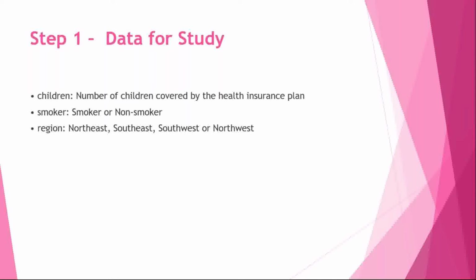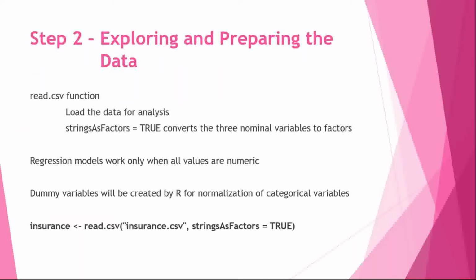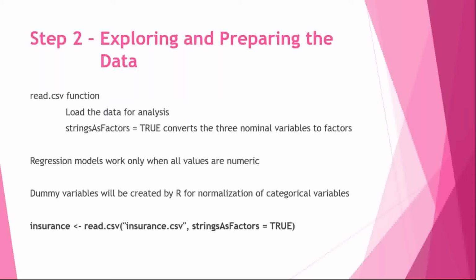The reason for taking region as a variable is that depending upon the region where a person is living, his medical expenses may be different. So the first step is taking the data for study and analyzing what are all its characteristics to a certain extent.